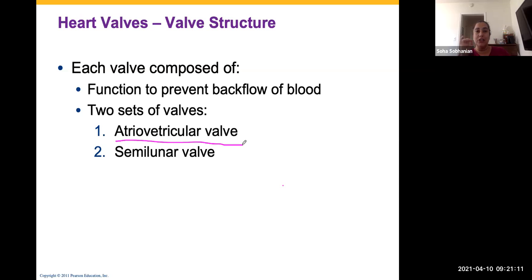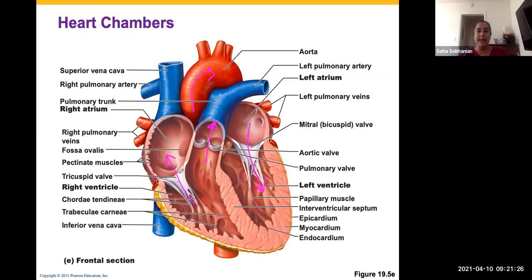The location of the valve is basically telling me the name of the valve. I can call this the right atrioventricular. You can't just say atrioventricular, guys, or AV. You have to say right AV or left AV valve.